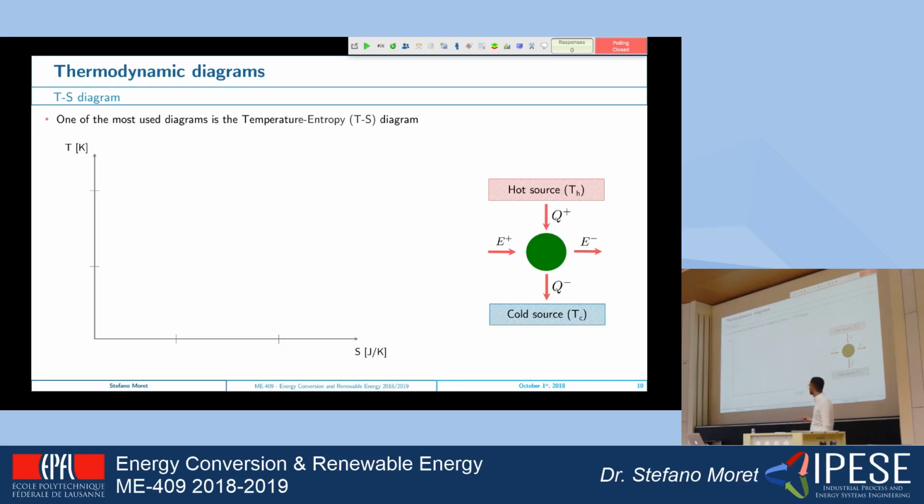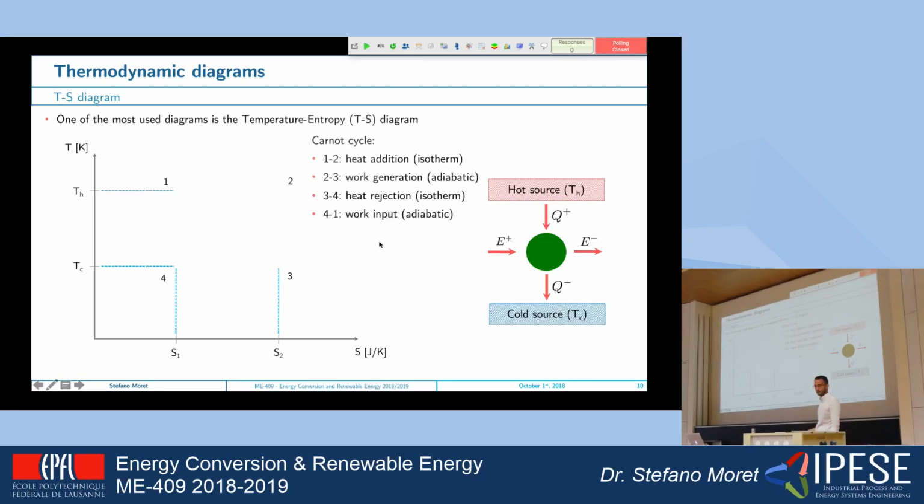Now I'm taking a generic cycle, which is actually, now you discover what a Carnot cycle is. I talked about that before, but I did not characterize it. So let's take a generic cycle in which we have some heat input, some heat output, some work input, some work output, and we represent it on a temperature entropy diagram.